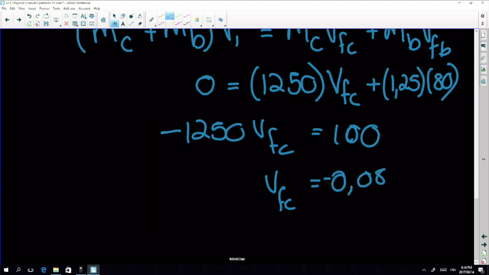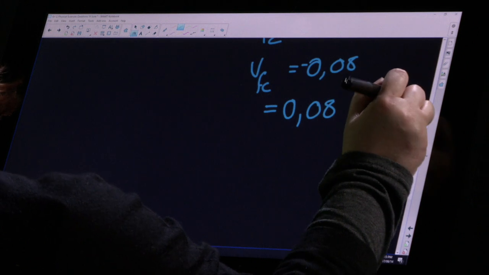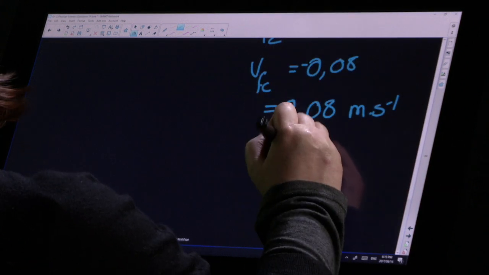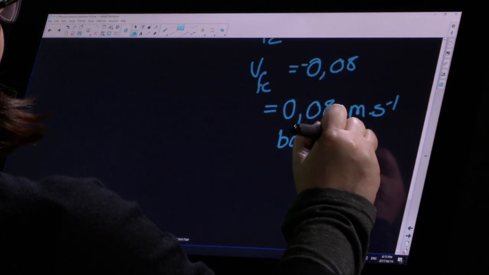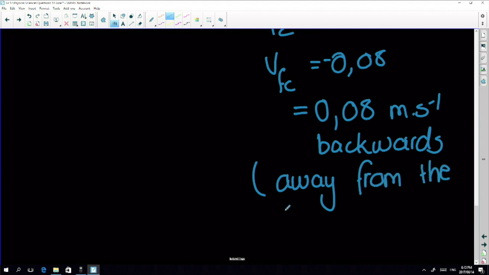But now we need to put it as a positive, and if we made the forward direction positive, because that was the direction of the cannonball, I'm going to say that that means the cannon is going 0,08 meters per second backwards. That's fine. Okay? Or you could say away from the cannonball.